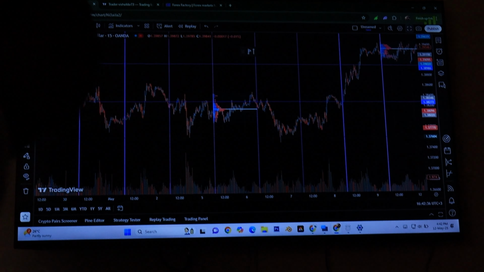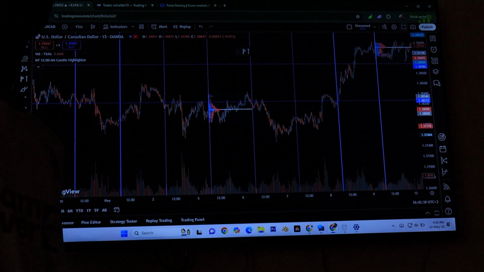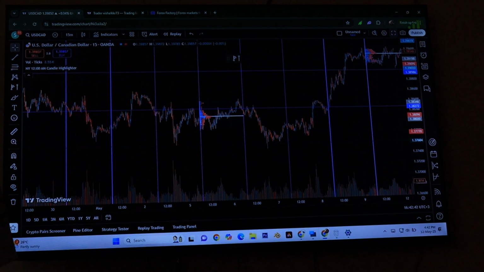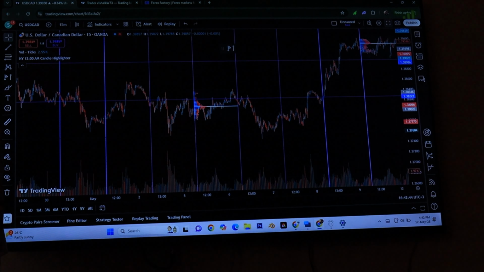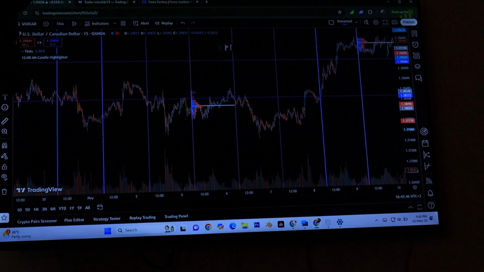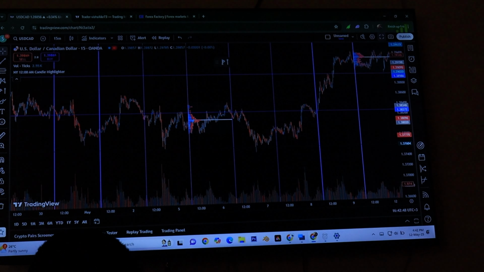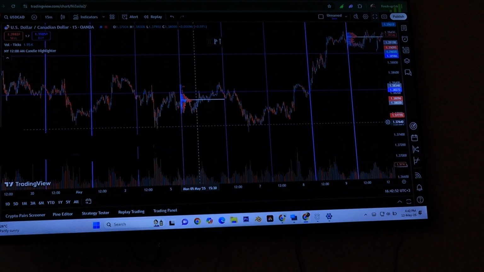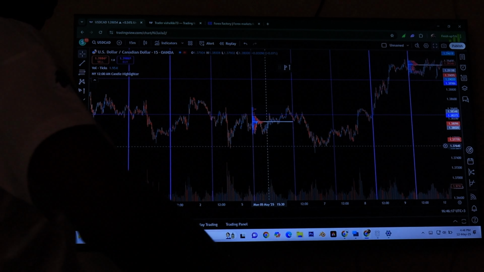But you don't trade a reversal pattern yet until you notice a market structure shift. So while this low was taken out, there was this weak low that took out this one.